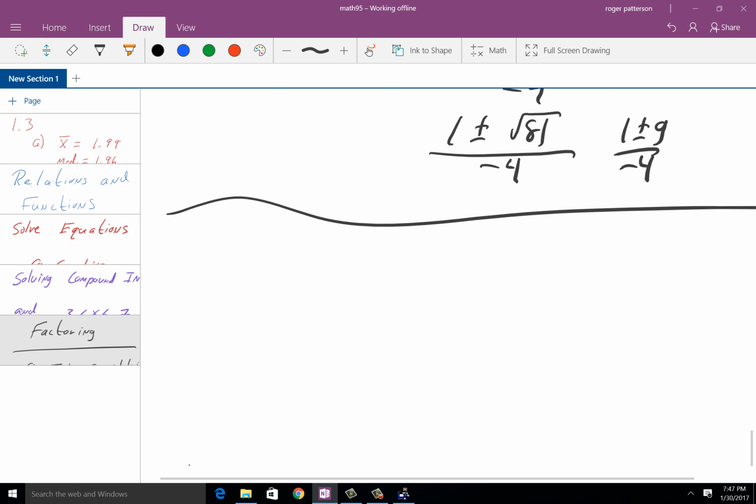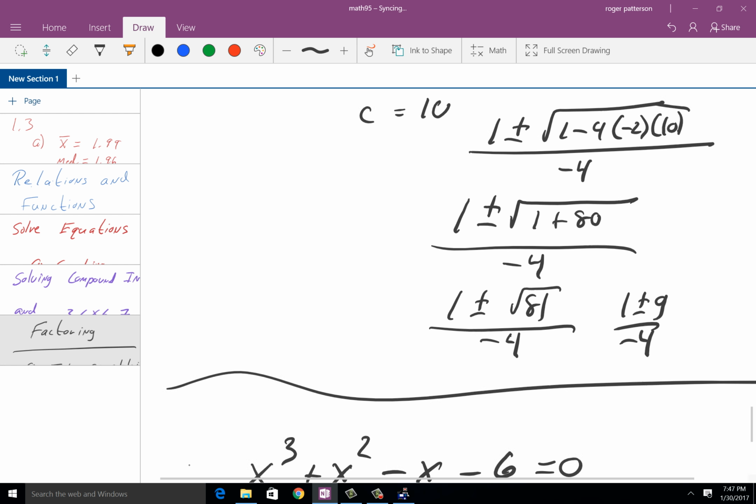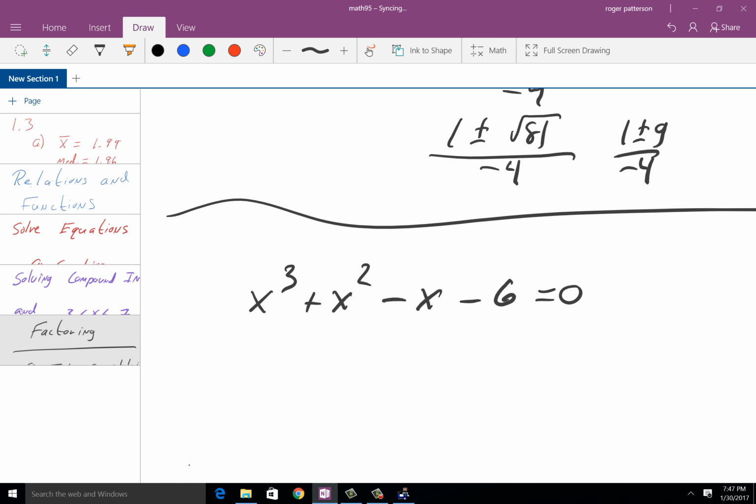What about one like this? You don't even know how to do that? Not till the end of the year, end of the term. Okay. So this was a cubic. There's no cubic formula. How would you solve it?